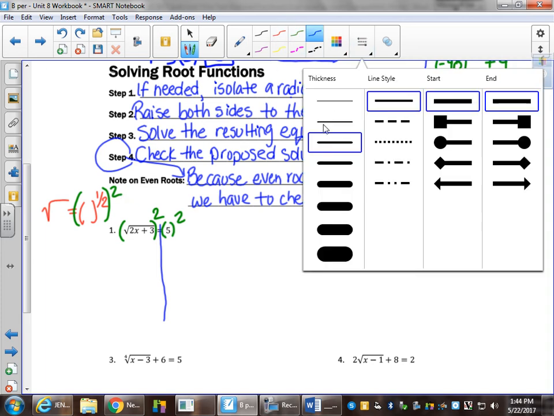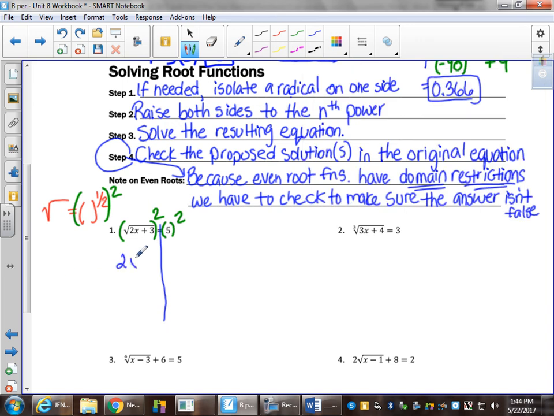So the resulting equation here will be 2x plus 3 equals, what is 5 squared? 25. And I asked that without saying it because sometimes we still, by accident, think 5 times 2. So if that happens to you, that's okay. But use that as a learning moment to remind yourself that 5 squared is 25. Because you could have done this correctly, but if you write 10 here by accident, the rest of it's going to come out wrong. Step 3 says to solve the resulting equation.